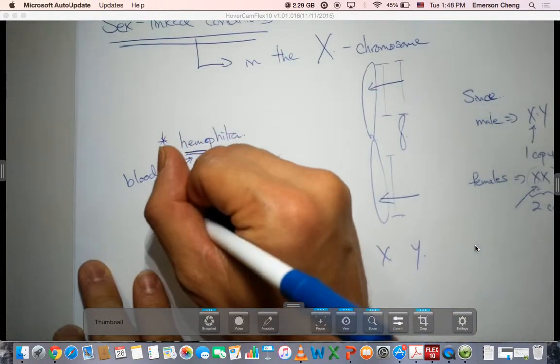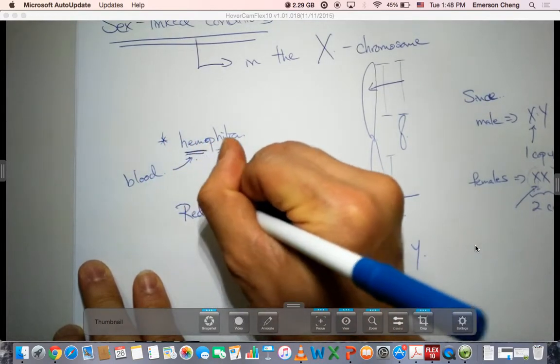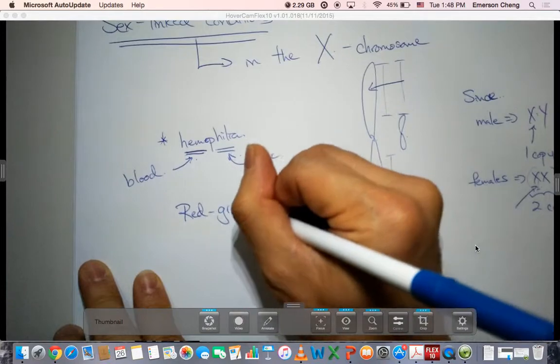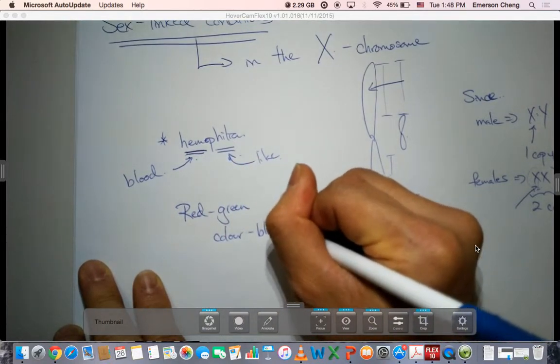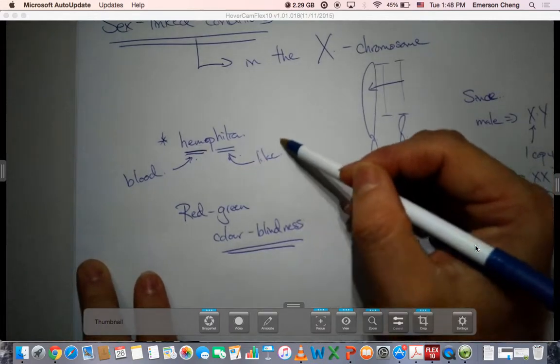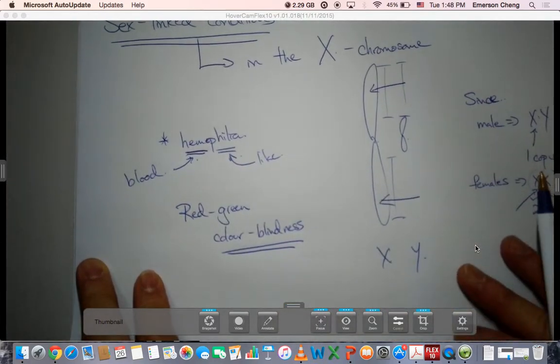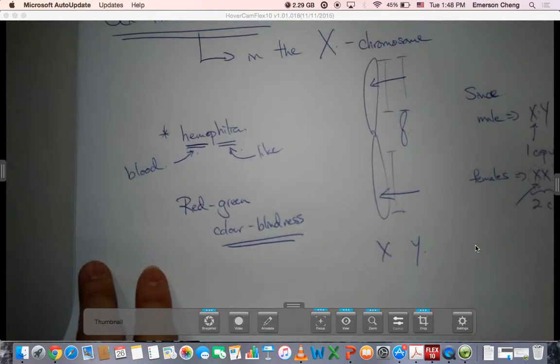Hemophilia, as well as red-green color blindness. I'm going to talk about hemophilia quickly, based on the time. It is a classic example of a sex-linked genetic disorder.